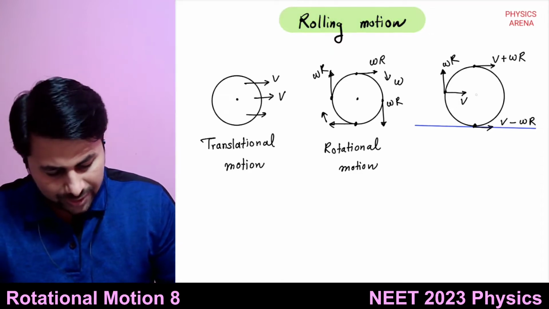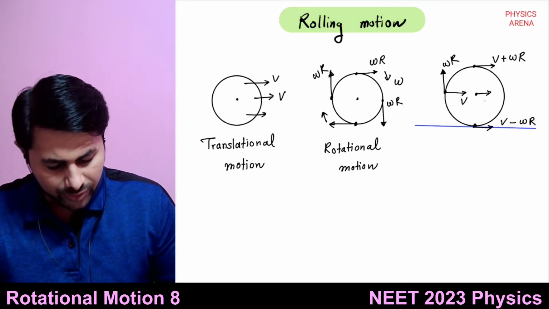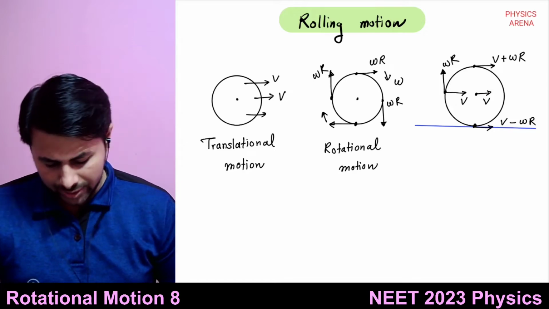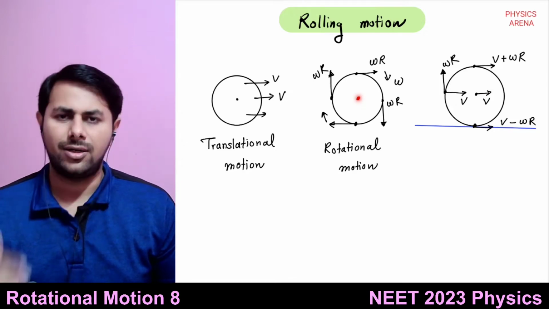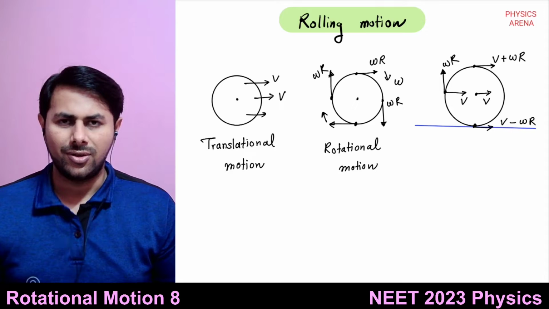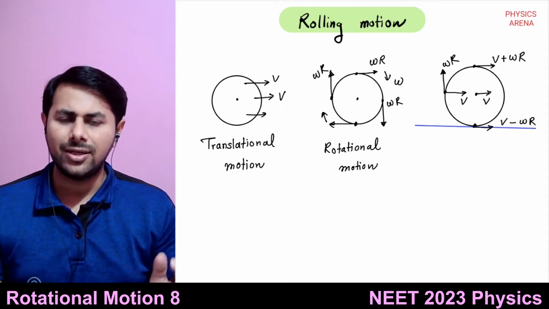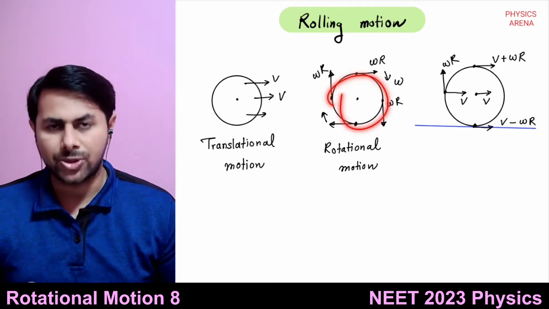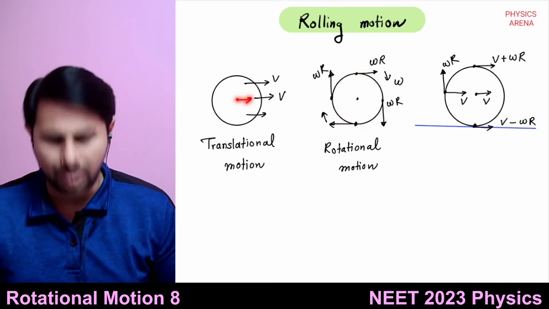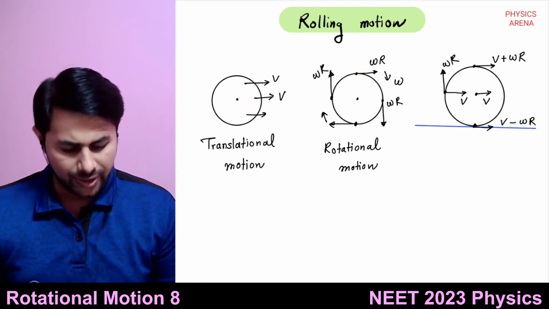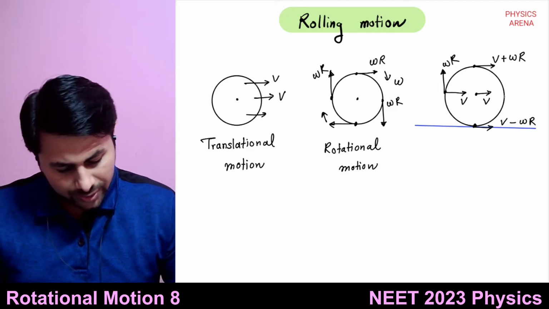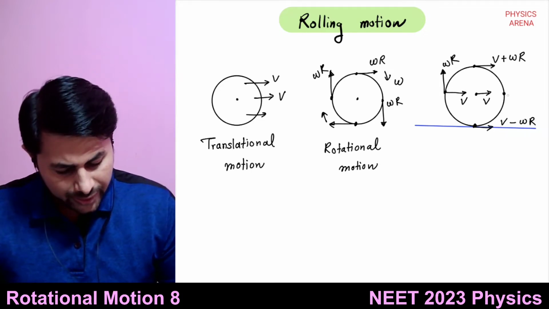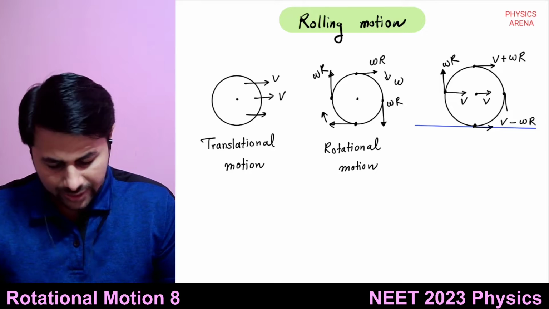For the center of mass, it will be equal to v only, because the velocity in rotational motion is zero. The wheel is rotating about the center of mass only, so velocity due to this motion is zero. Velocity due to translational motion is v. And for the particle over here, omega r is directed like this.